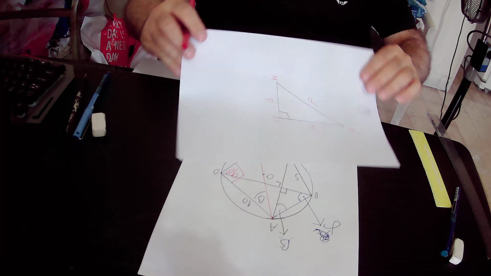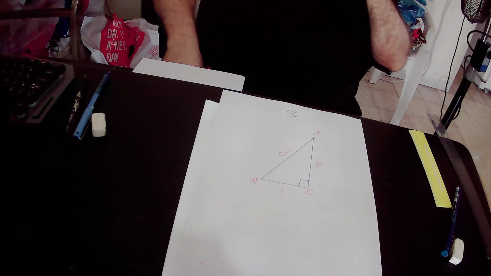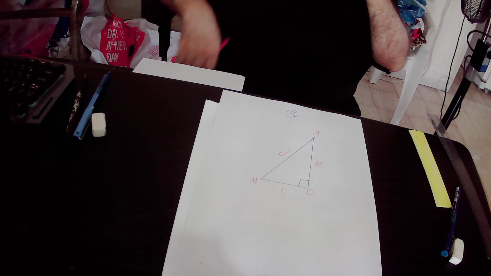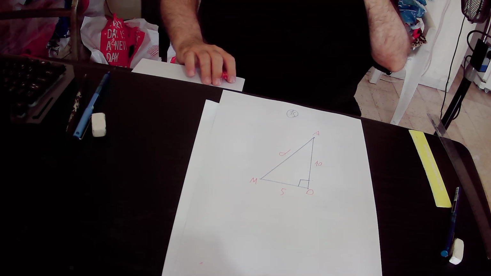AM is also the hypotenuse of this right triangle, and we will use the Pythagorean theorem in order to find the value of D.